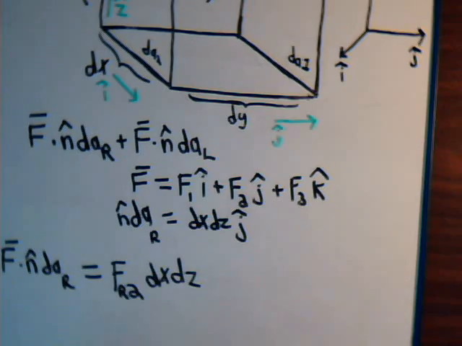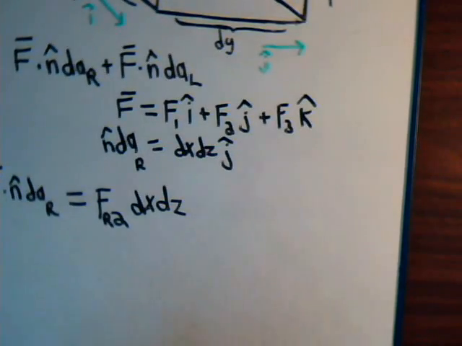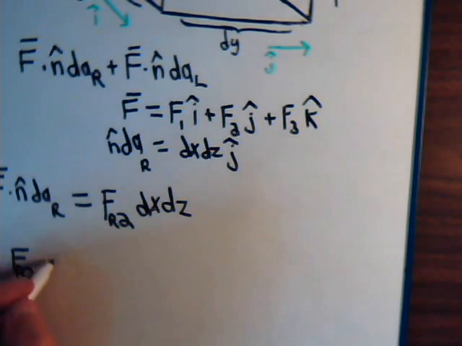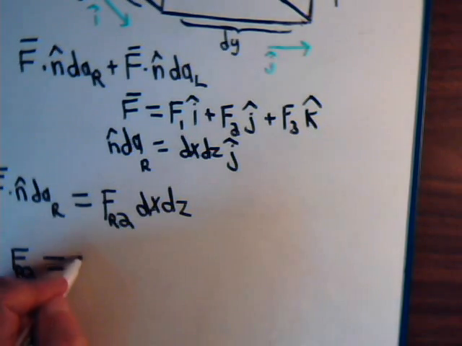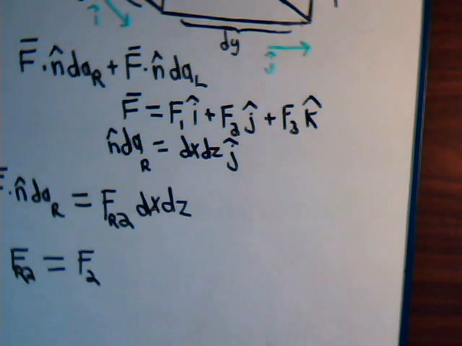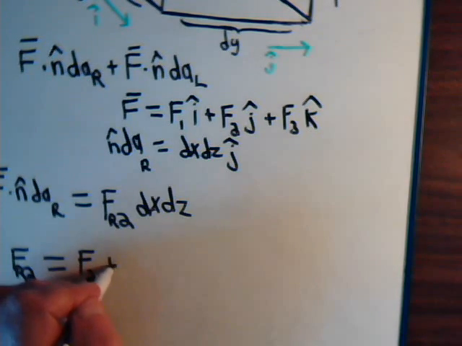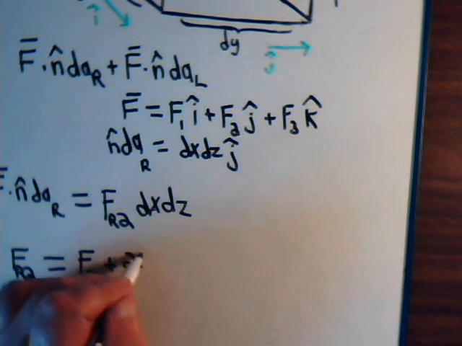So it's going to change. So what we're trying to say here is that the F2 component of our vector, when it's in juxtaposition at the right-hand face, will be what it was originally when the vector was sitting in the middle of the cube, plus this expression.